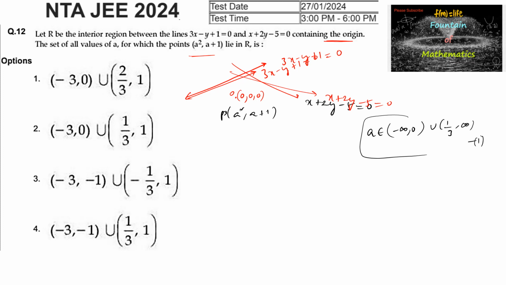We need to find the set of all values of a for which this point, say this point is P, lies in R, also containing the origin.